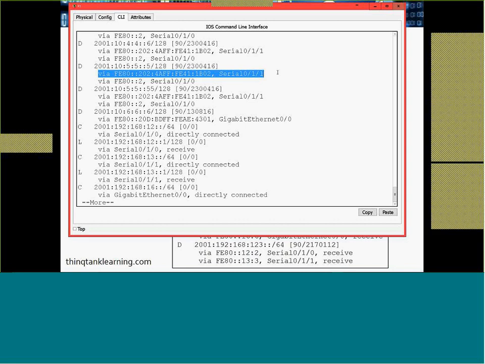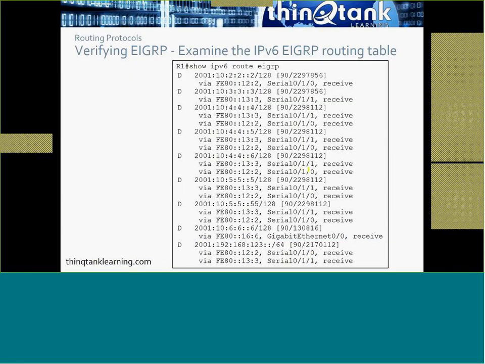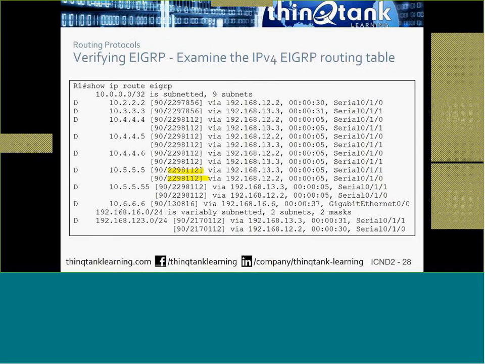Those link local addresses are simply next hop IP addresses. The serial 0/0/1 is my exit interface, and the destination prefix is 2001:10:5:5:5. And in fact, if you take a look at this, for the 10.5.5.5, 2298112 is the metric, and over here, 2298112 is the metric.